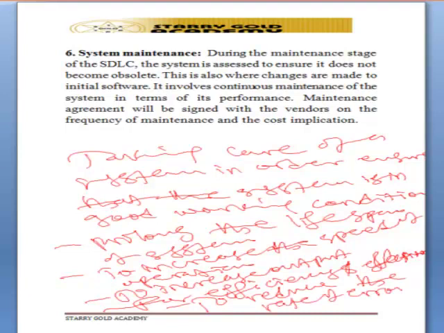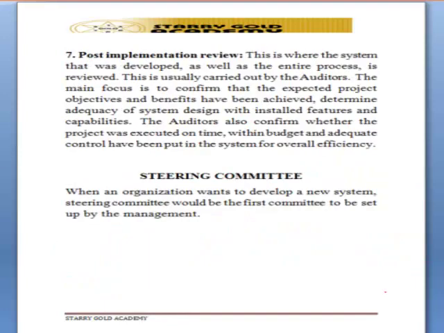These are some of the reasons why we need to maintain our systems. And we also have types of maintenance which we are still going to look at during the course of this lecture: preventive maintenance, corrective maintenance, adaptive maintenance, and perfective maintenance. Although we are going to look at them one after the other.